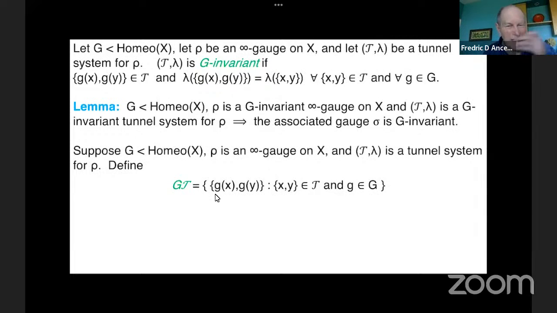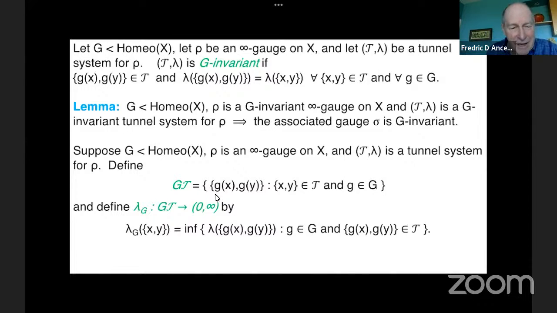And so now suppose I don't have a G invariant tunnel system. There's a way of creating one, which is fairly straightforward. First of all, I want to enlarge the tunnels to contain all of their images under group elements. So I've called that script GT, and then I have to know how to define a length function on this enlarged set of tunnels, and you just take infs.